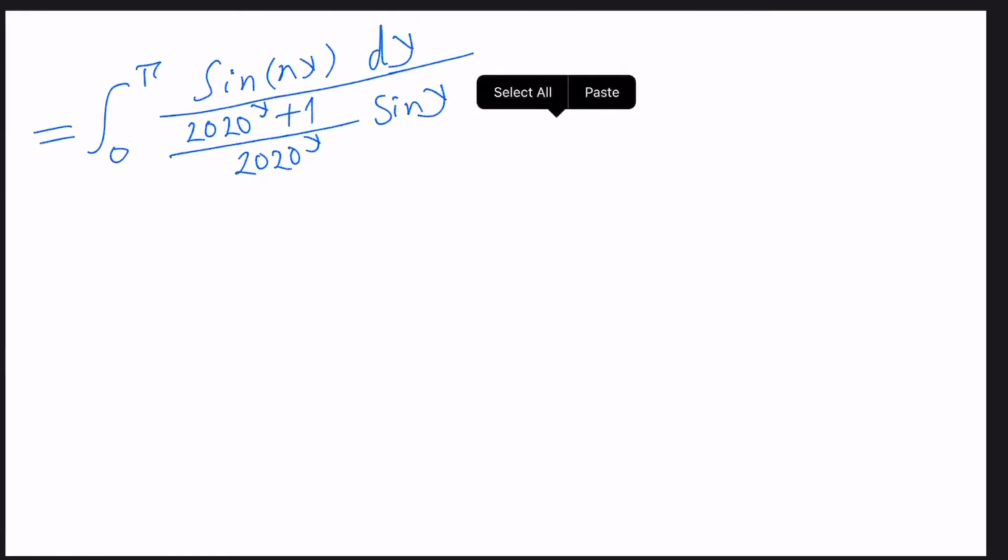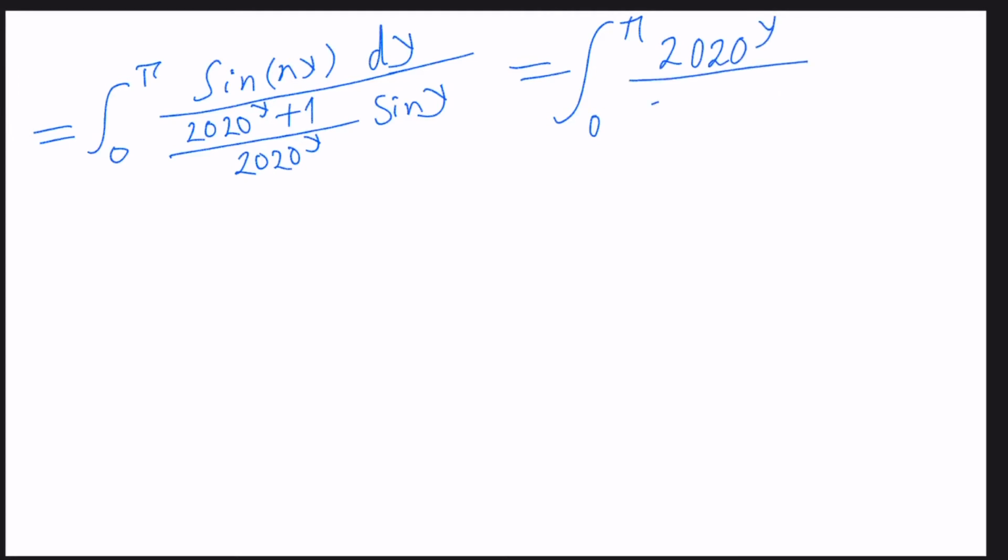So this is equal to the integral from 0 to pi of 2020^y divided by (1 plus 2020^y) multiplied by sine of ny divided by sine of y dy.